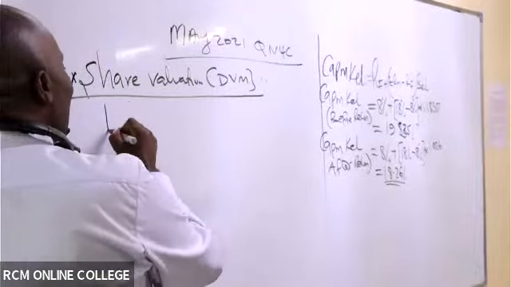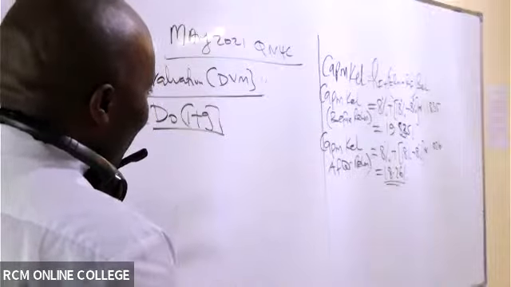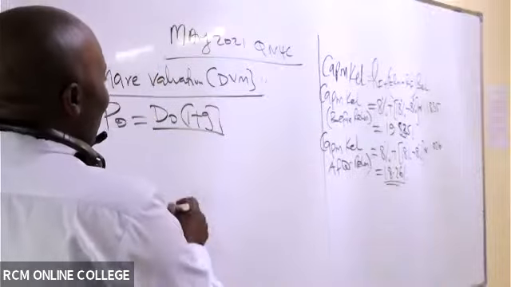So P0 will be equal to dividends which are doing what here, somebody? Growing. Dividend valuation model, isn't it?